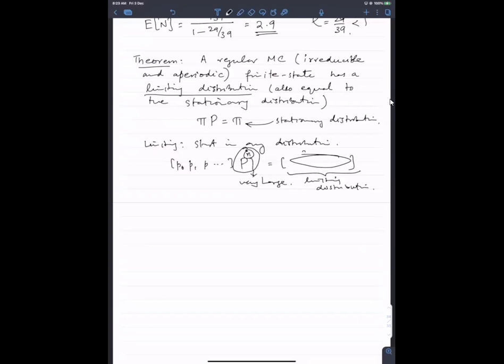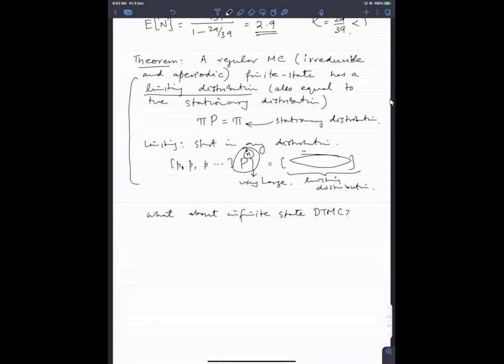So what about infinite state DTMC? What about, we have just seen the example above. What about infinite state DTMC? If the Markov chain is infinite state, will this theorem still apply?